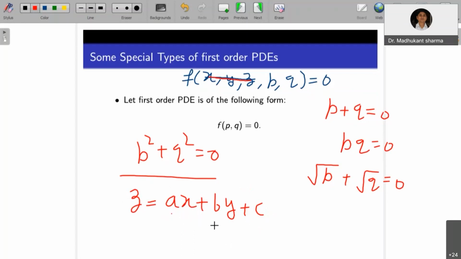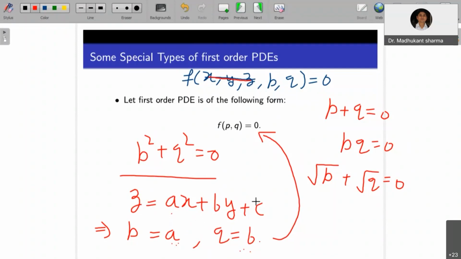From here, this implies p equals a and q equals b. If you replace p equals a and q equals b, you will get the relation between a and b, either b as a function of a or a as a function of b. Either way is fine. Then you are left with 2 arbitrary constants, so you can treat this as a general solution.